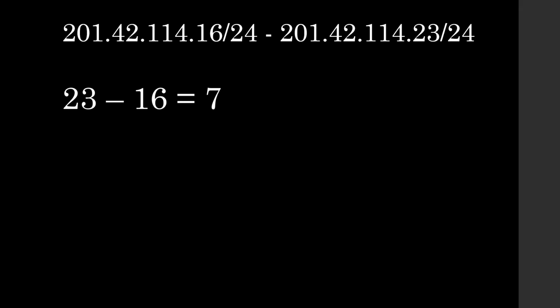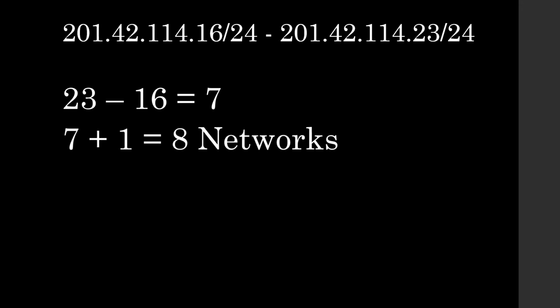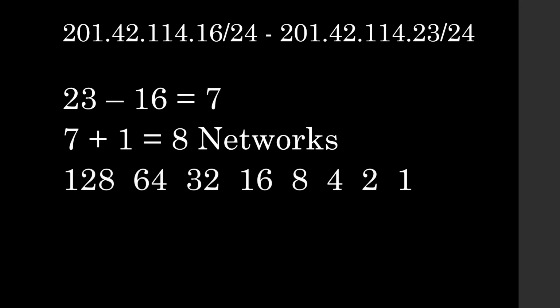We subtract 16, the lowest, from 23, the largest of that range, which yields 7. So our number of networks is 8. Take note of the additional 1. We have to add 1 because we have to include the initial value. So it yielded us 8 networks.